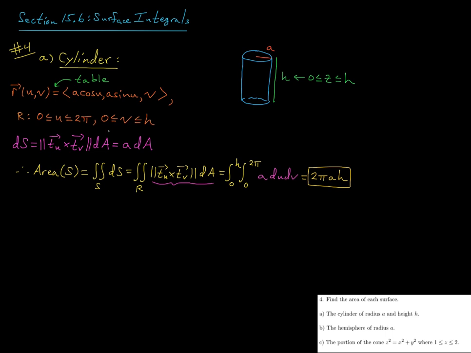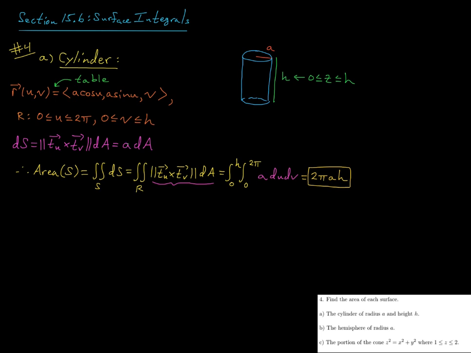And so for the surface area then, as we discussed in the last video, that's just the integral of dS itself. So I put in the magnitude of that cross product, and I have my dA, and this integral now is over the rectangle R in the uv plane. So I have my bounds on u and v.